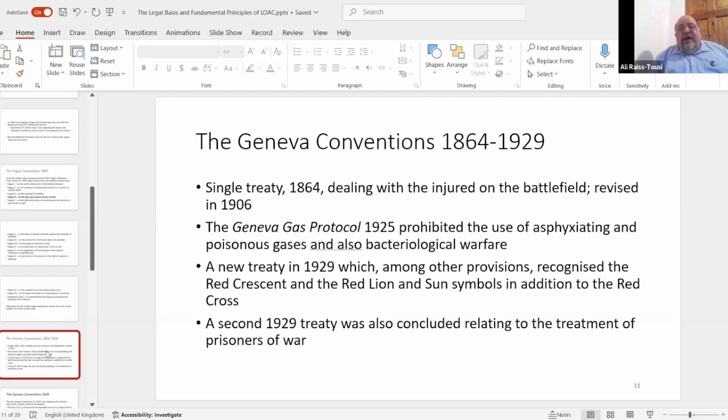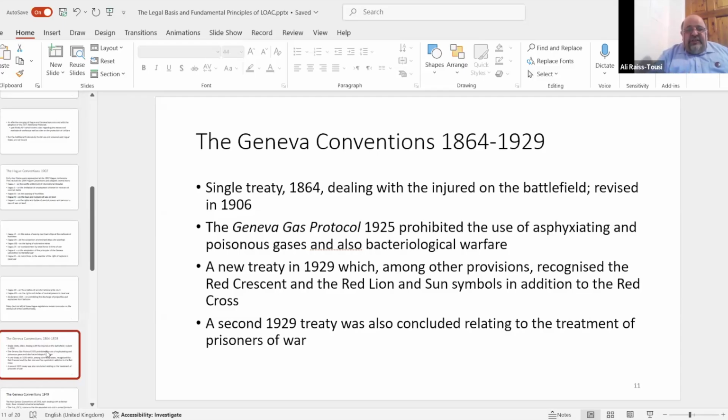A protocol, an additional add-on, was negotiated after the end of the First World War, prohibiting the use of poisonous gases and also prohibiting bacteriological warfare. In 1929, the 1906 treaty was updated. Other provisions were added to it.